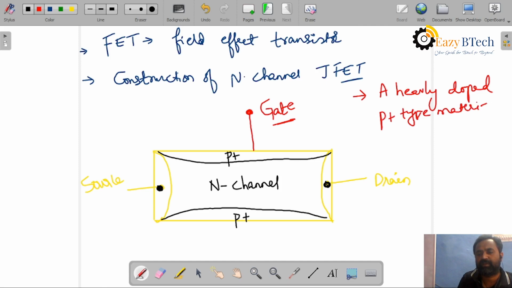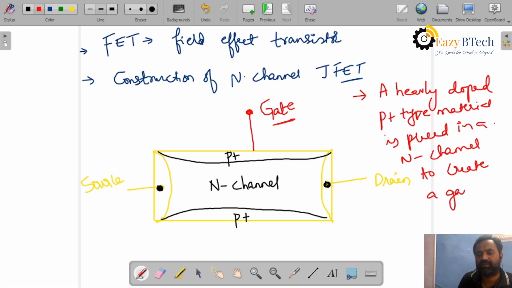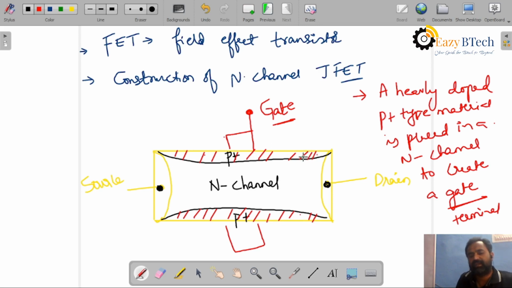A heavily doped P plus type material is placed in an N channel to create a gate terminal, and it is connected on the back side. This is also a gate terminal.